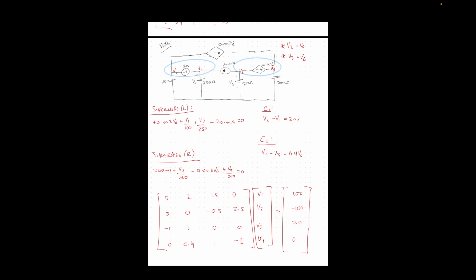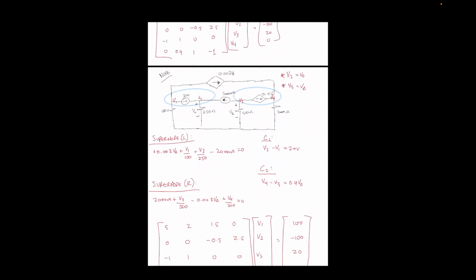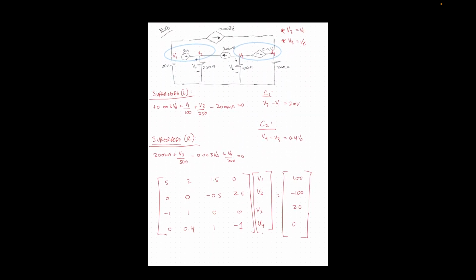Again, we're going to compare our mesh current and our nodal. Before, we saw that mesh seemed to be a bit more work, and we had to do a little bit more thinking to be able to organize our equations, especially when writing the currents for V naught and V delta and expressing them. Whereas with the supernode, we had to make two identifications, realizing that this is a supernode, this is a supernode.